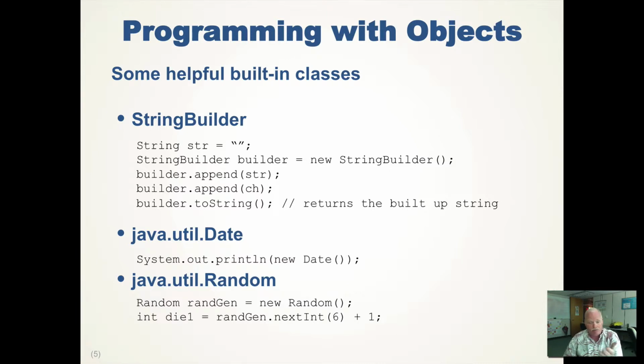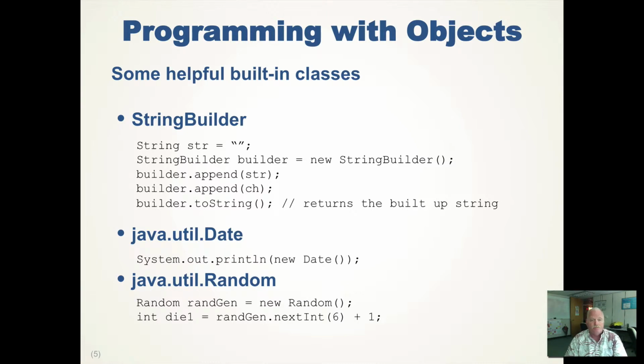The 6 could be whatever value you want, so that's how you get the values between 0 and 6 minus 1, and so we add 1. So this code is much more readable and easy to use than the casting of 6 times Math.random plus 1.